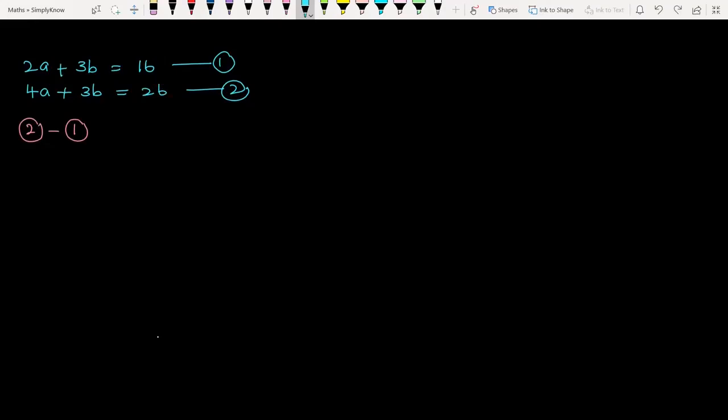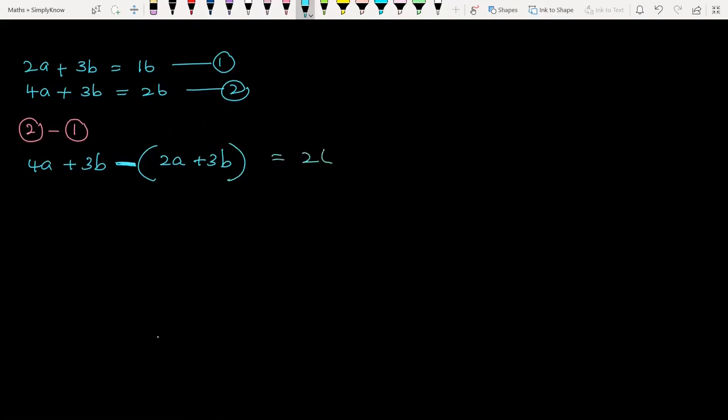So the left side of the second equation is 4a plus 3b. Now we need to deduct the left side of the first equation. It's 2a plus 3b. Since there is subtraction, we need to put the brackets.